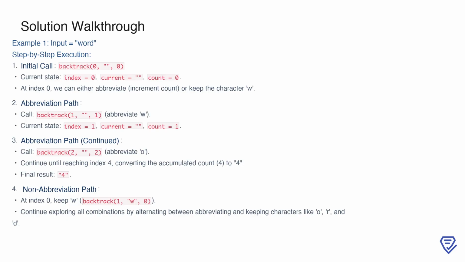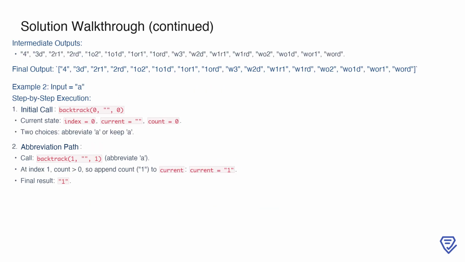This systematic exploration ensures that we generate all possible combinations of abbreviating or keeping the characters in the string. As we explore all possible paths, we generate a range of intermediate outputs, such as 4, 3D, 2O1, and 2RD. These represent different combinations of abbreviations and kept characters, like skipping all characters, skipping all but the last, or keeping specific characters while abbreviating others.